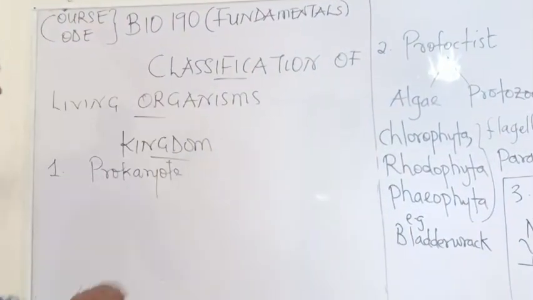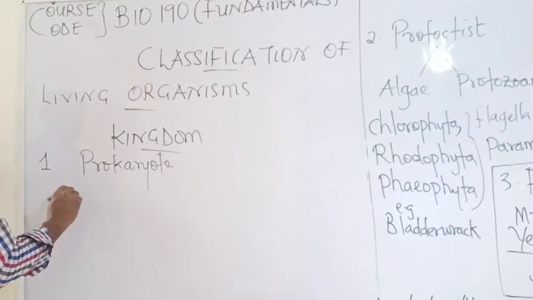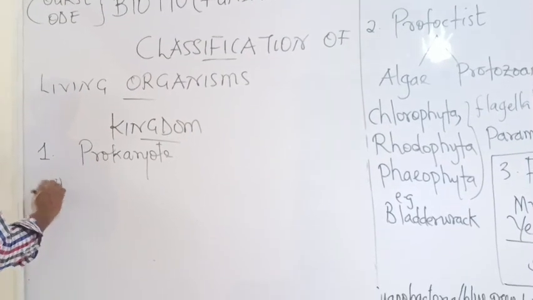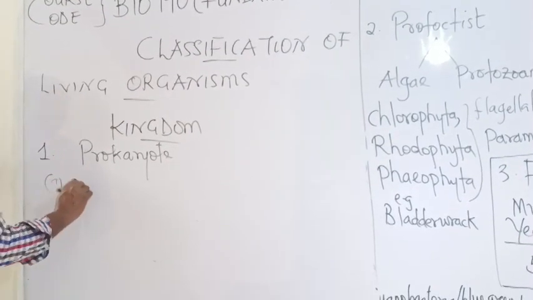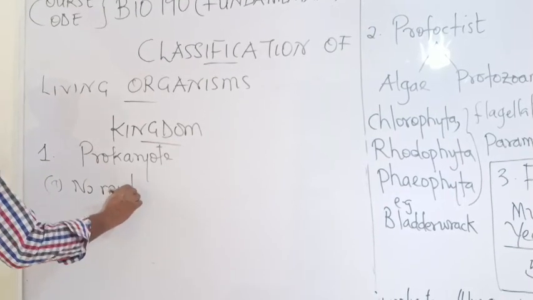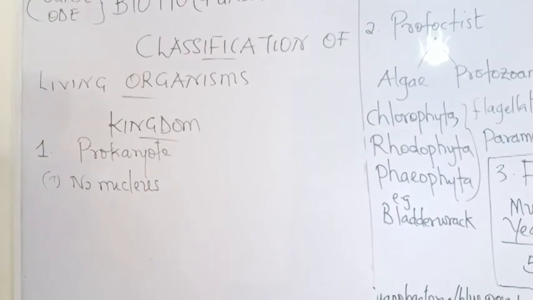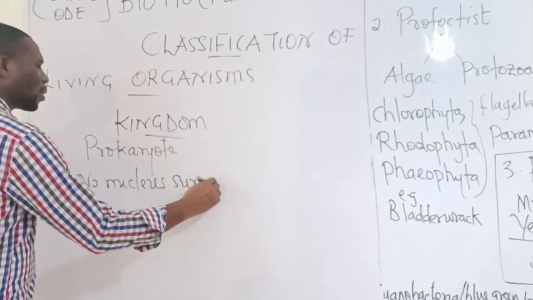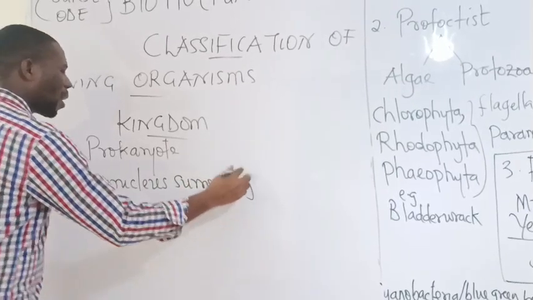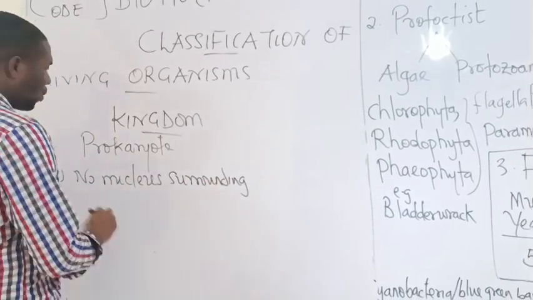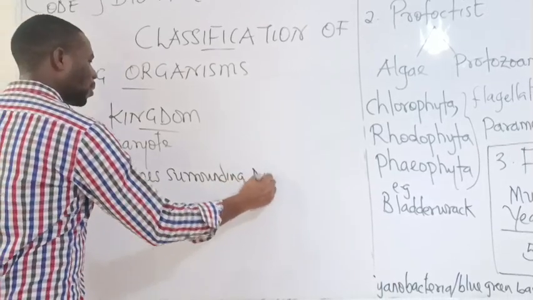So prokaryotes, we know them for one thing, and I'll say this is the A part: there is no nucleus surrounding the DNA.